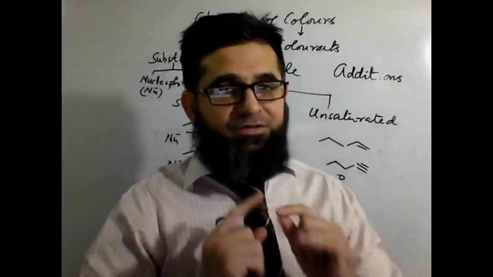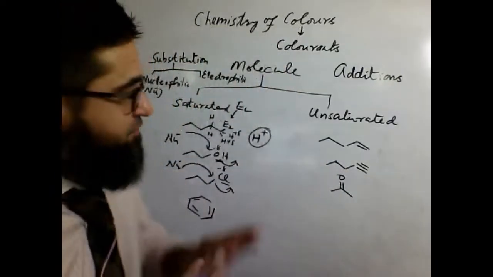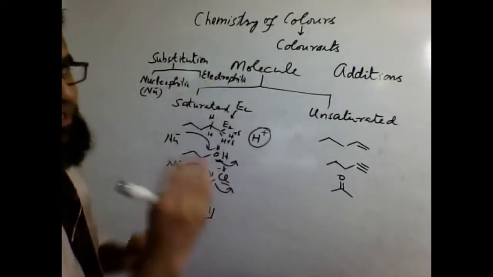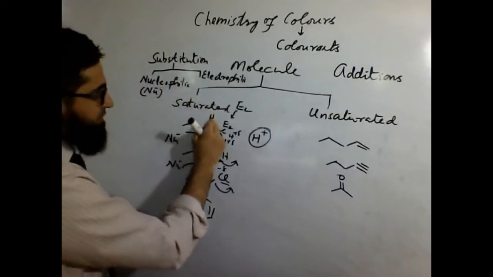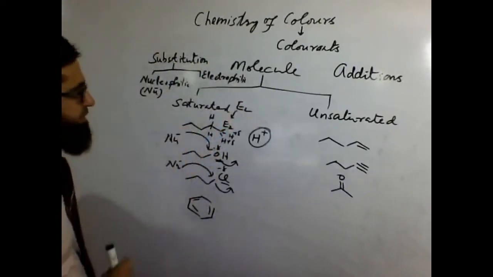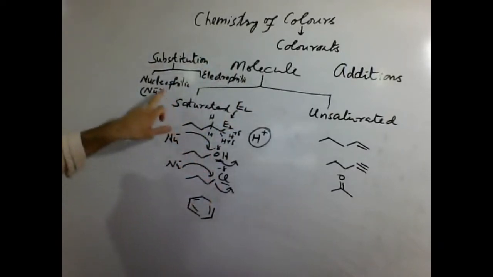So in case of saturated molecules, both sorts of substitution happen, nucleophilic and electrophilic. What will happen depends on what the molecule already contains. If it contains an electrophile, then an electrophile will come to replace it. Similarly, if the molecule contains a nucleophile, then a nucleophile will come in to replace that one.